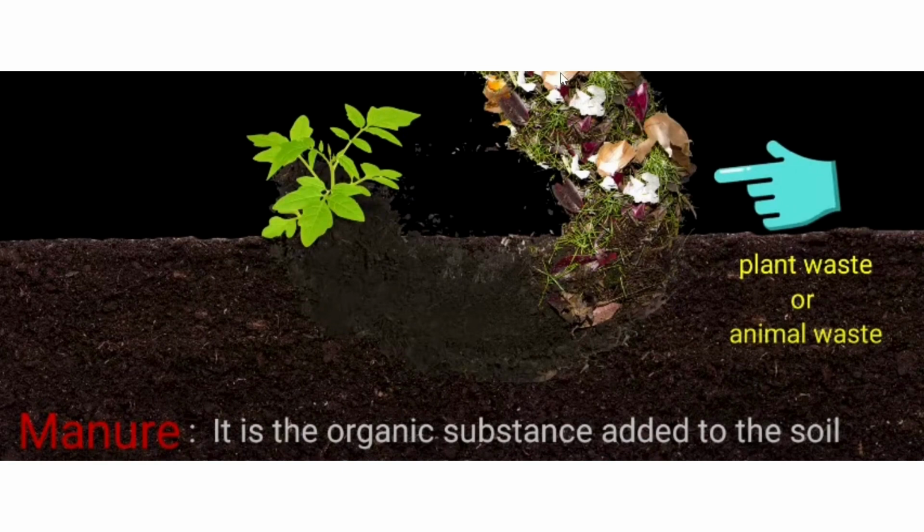As you can see in this picture, this is the plant or animal waste, or in other words, manure. Manure. It is the organic substance added to the soil because manure is obtained from organic matter like plant and animal waste.